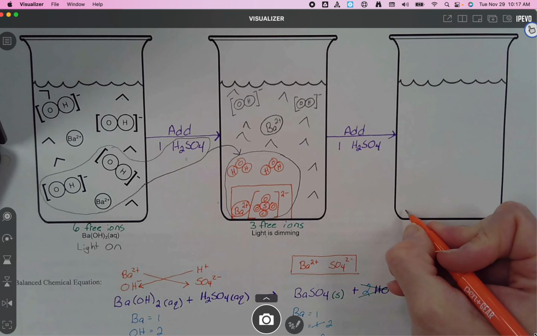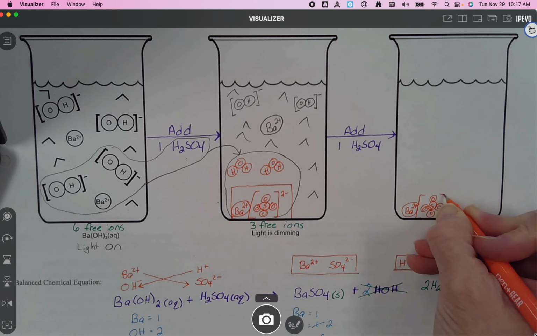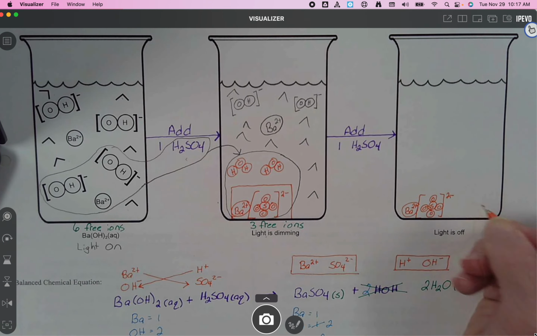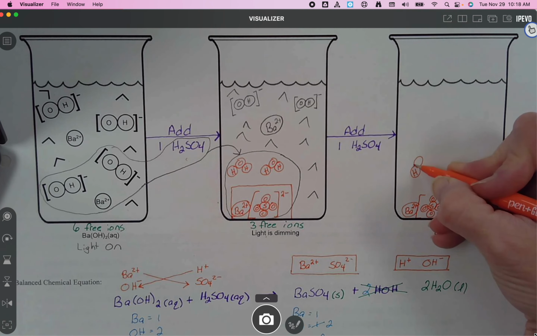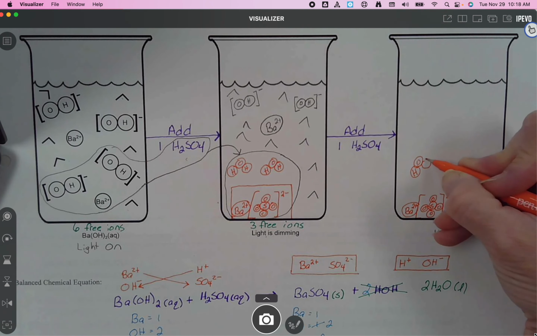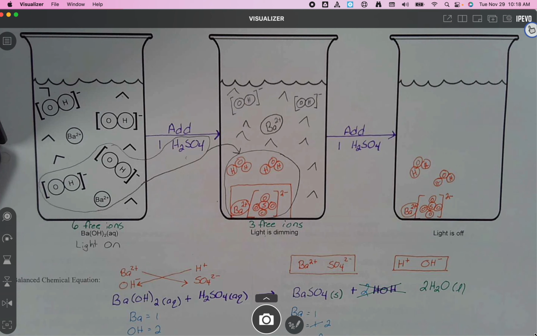We still have this barium sulfate that we created in the previous batch, and we still have the water molecules we created in the previous batch, because we didn't dump anything out of the beaker here. So we got all that junk.